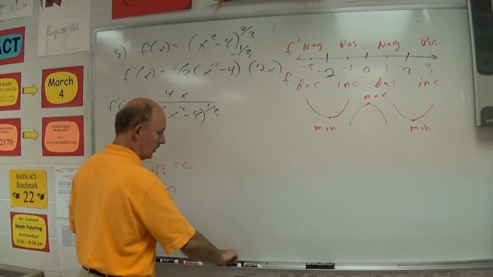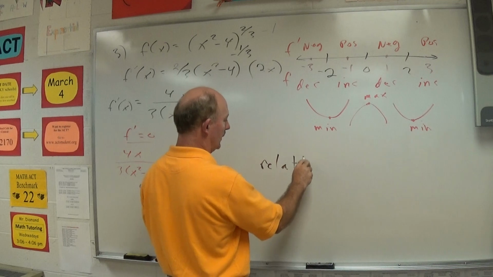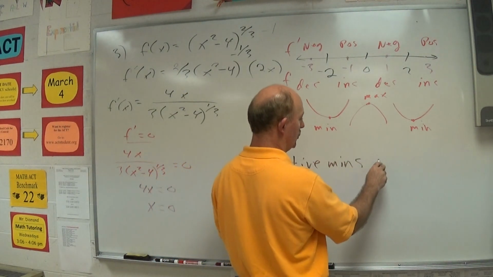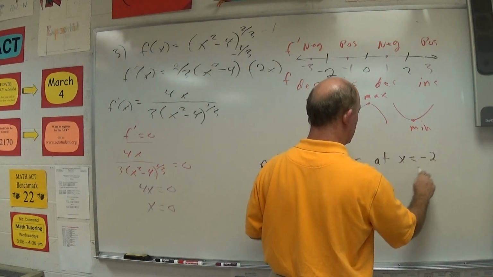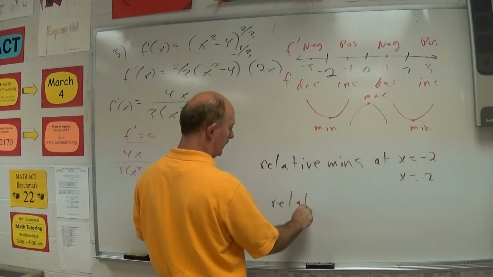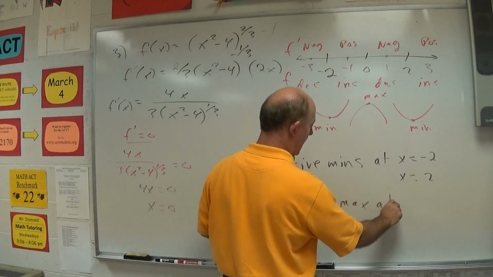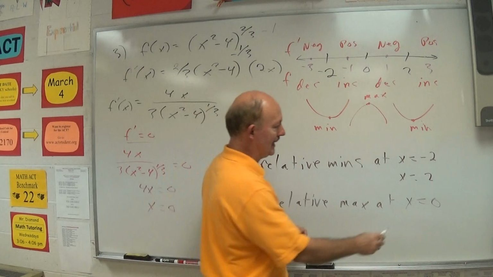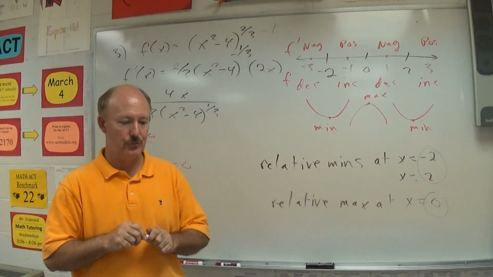So relative minimums, there's 2 of them, at x equal -2 and x equal 2, and a relative maximum value at x equals 0.